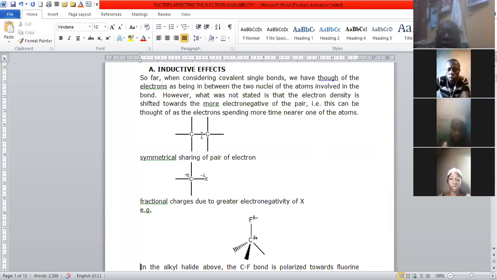is it polar or non-polar? I'm asking you, please. Yes, they are not. Yes, sir. This bond, the bond between two carbon atoms, is it polar?